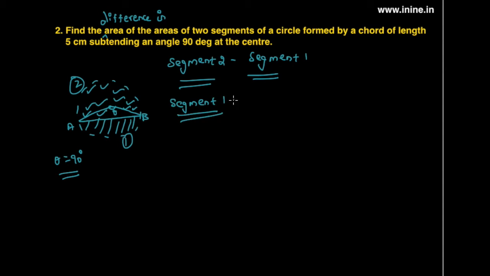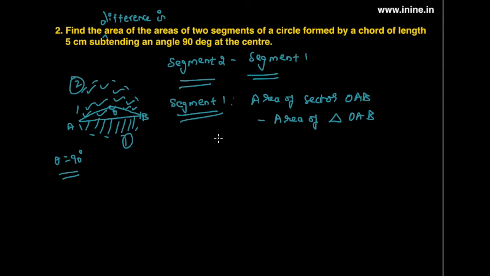So segment 1 is nothing but area of sector OAB minus area of triangle OAB.